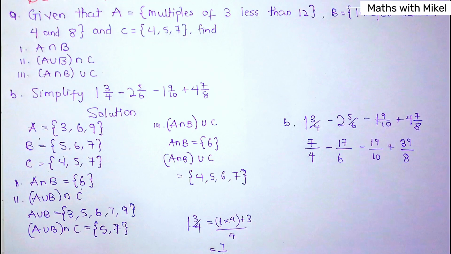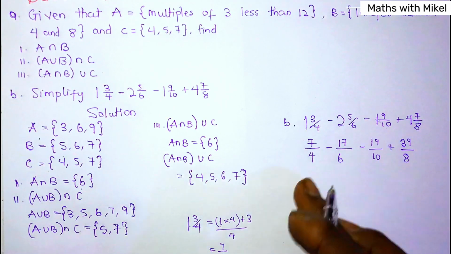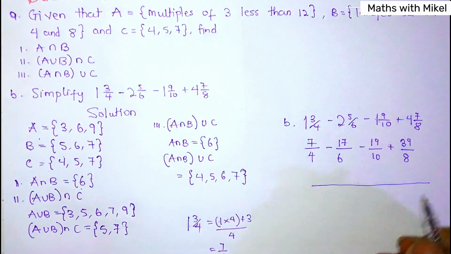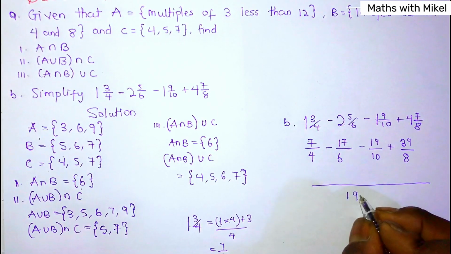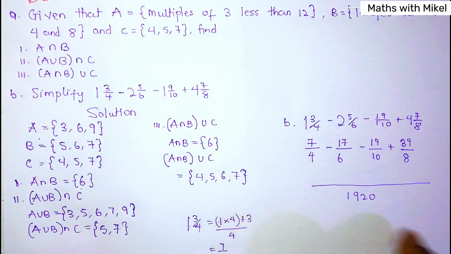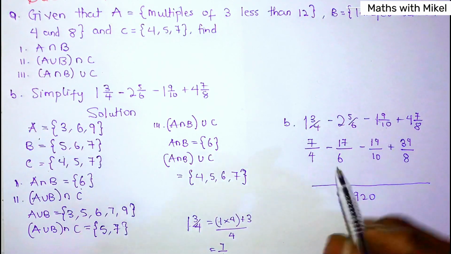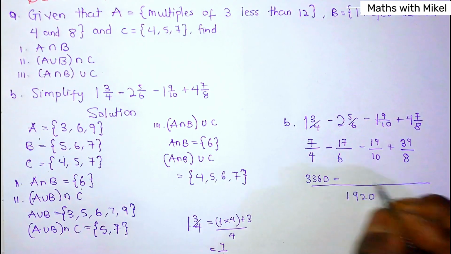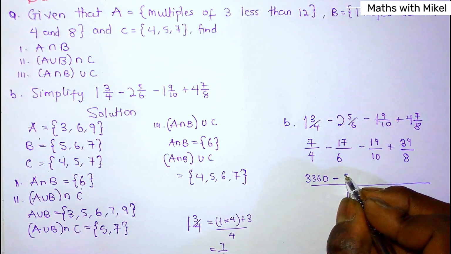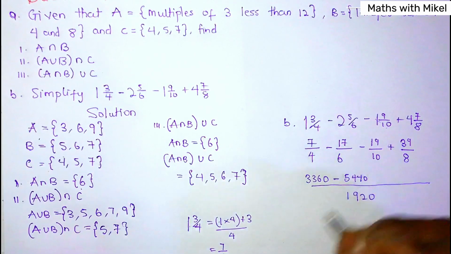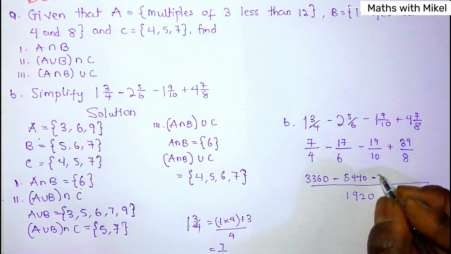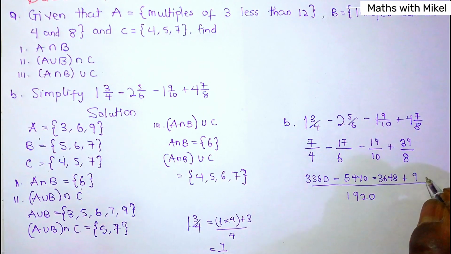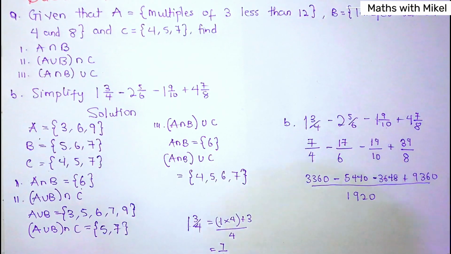So we have 4 fractions here. We find the LCM. The LCM for 4, 6, 8, 10 is going to be something large, 1,920, if I multiply all these numbers. 4 into this times 7, I get 3,360 minus 5,440 minus 3,648 plus 9,360.